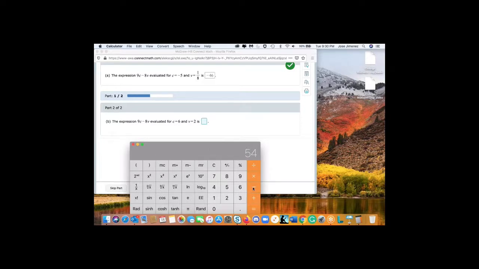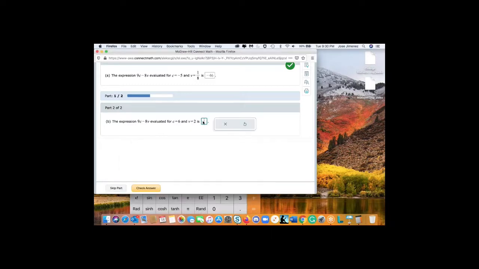So I have to say minus 16. Because we have a minus in between those two, we have to subtract. So 9 times c is 54. Minus 8 times 2 is 16. So it will be 54 minus 16 is 38. That's the way you do those problems, you know.